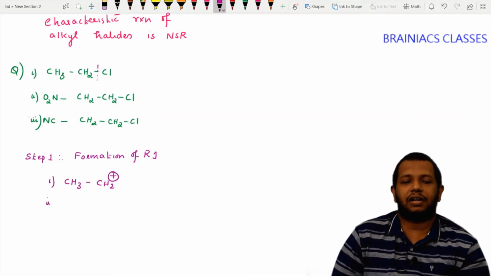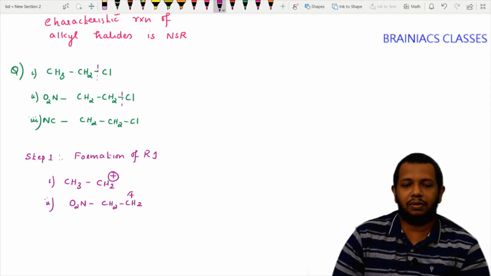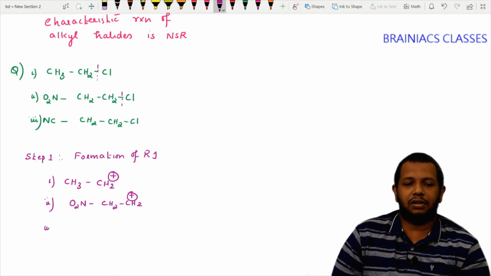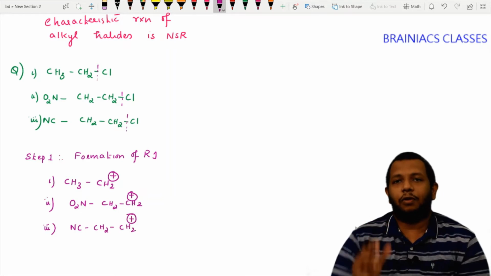Now for the second one, what is the reaction intermediate? You have NO2 connected, then CH2, then CH2, and chlorine is removed. So this means CH2 plus will come here. Now for the third one, you could see here also chlorine is removed. So what will happen? NC cyanide is there, CH2, CH2 plus. Okay. Now you have formed the reaction intermediate.